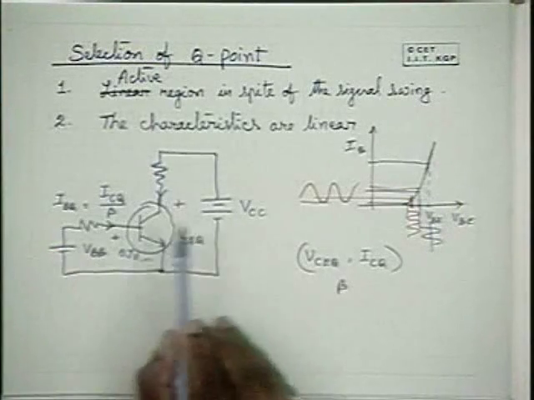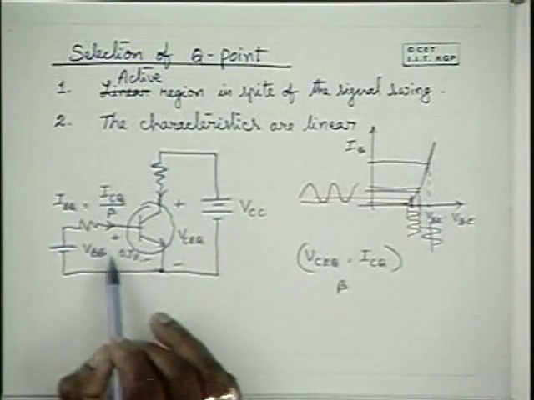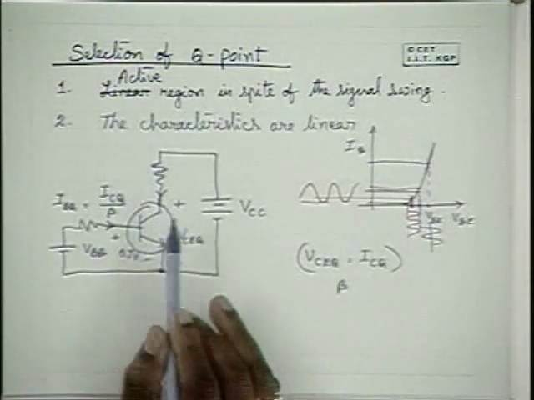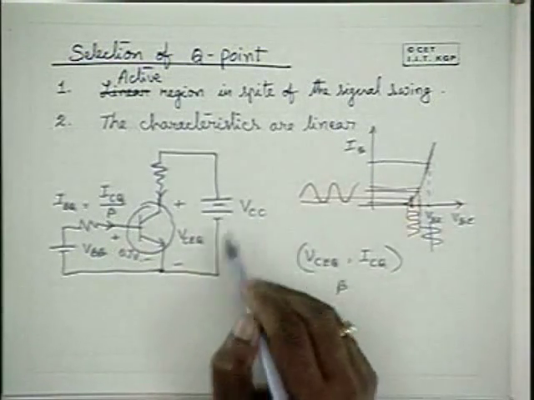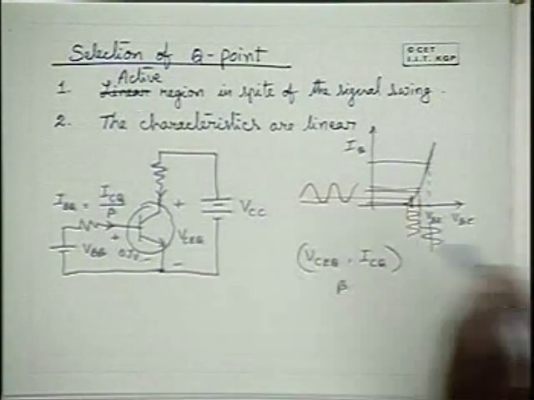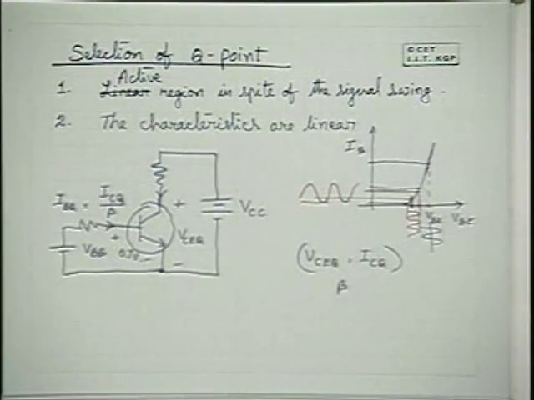Naturally it is better if we can bias both the junctions with a single source. Then it is advantageous and economical. Hence, it is desirable to go for a single source circuit.